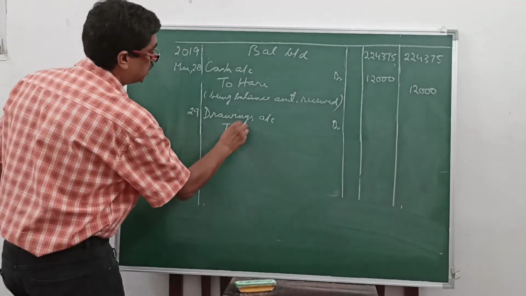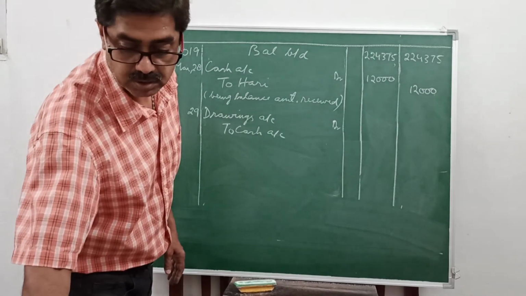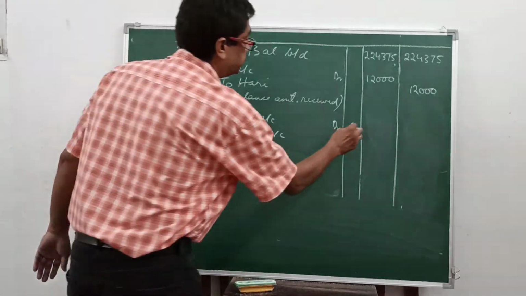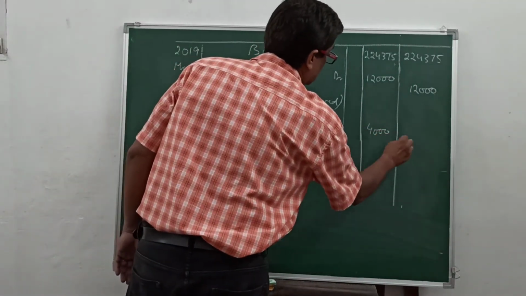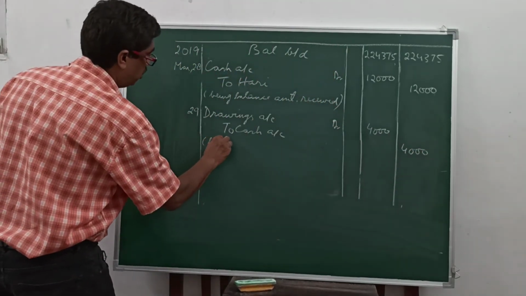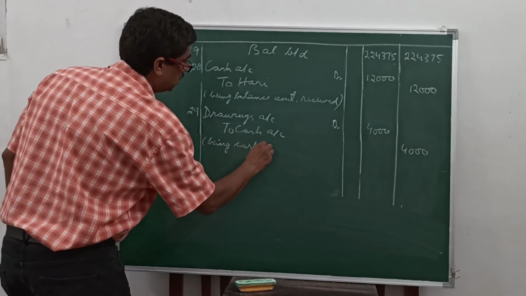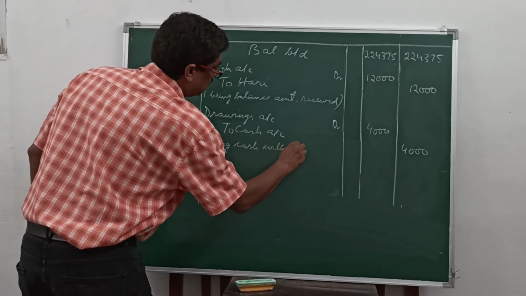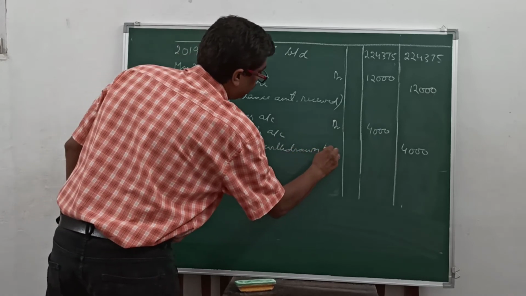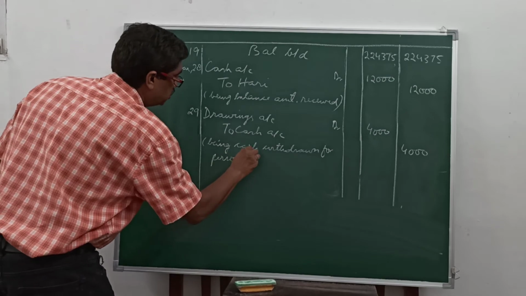From the business, cash goes out, to cash account, amount being 4,000. In the narration, you write: being cash withdrawn for personal use.